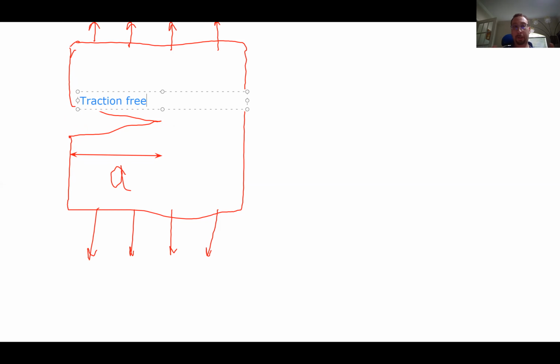I'm not very comfortable with that terminology, but for people whose background is not mechanics, traction or stress is scalar components of a vector that we call traction. Okay, so traction is force per unit area in the case where area becomes extremely small.